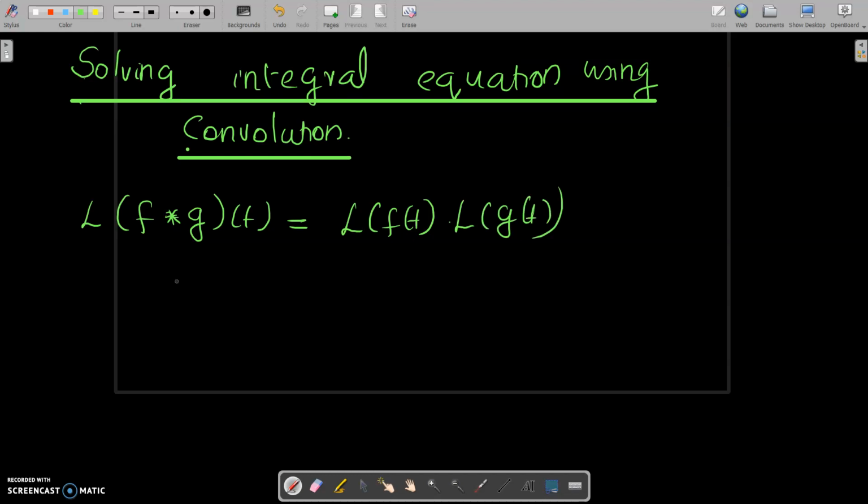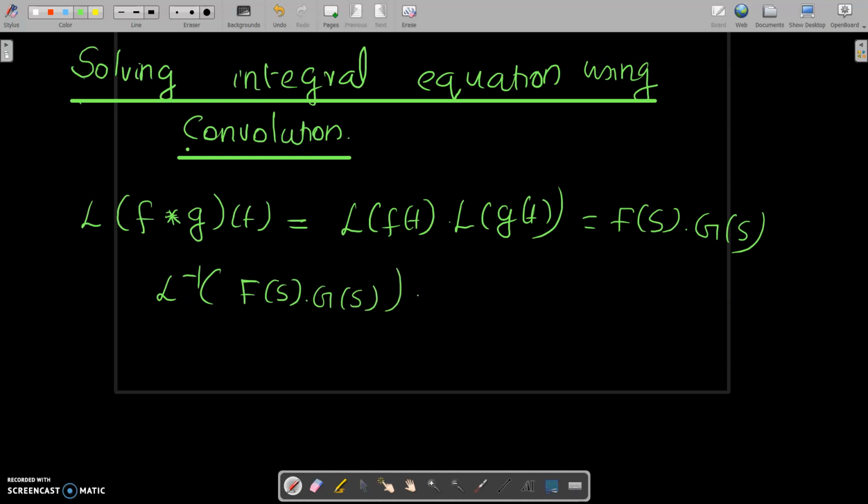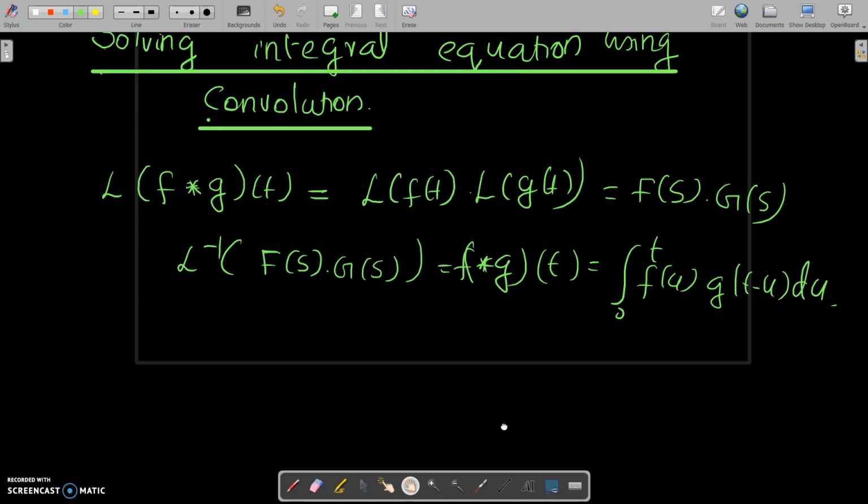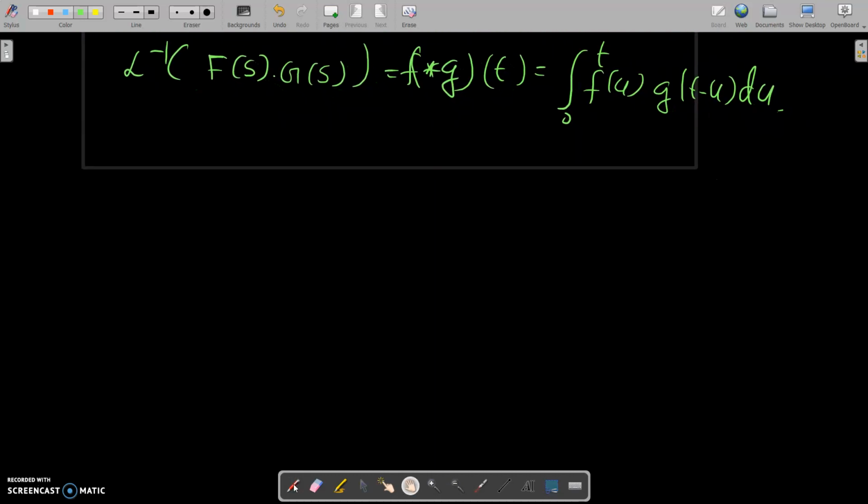That means L inverse of F of s into G of s is equal to f star g of t, which is equal to the integral from 0 to t of f of u into g of t minus u du. This is the convolution technique, and using this technique we are going to solve an integral equation.